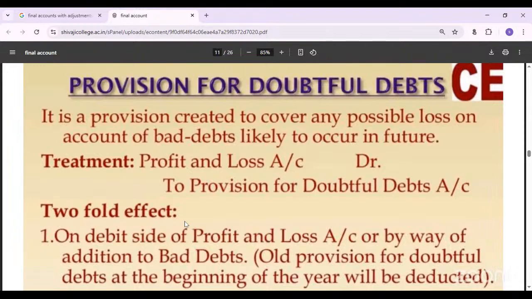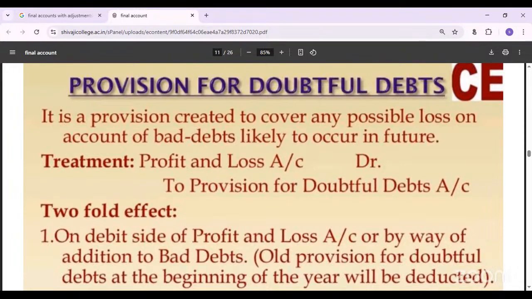Now, when customers are unable to pay the amount to us, say for example, I sold products to one of the customers, A. Maybe the value is 50,000. He paid 20,000. The remaining 30,000 he accepted, and he agreed to pay in 3 equal installments: 10,000, 10,000, 10,000. Now he paid the first month installment, but in the second and third months he is unable to pay.